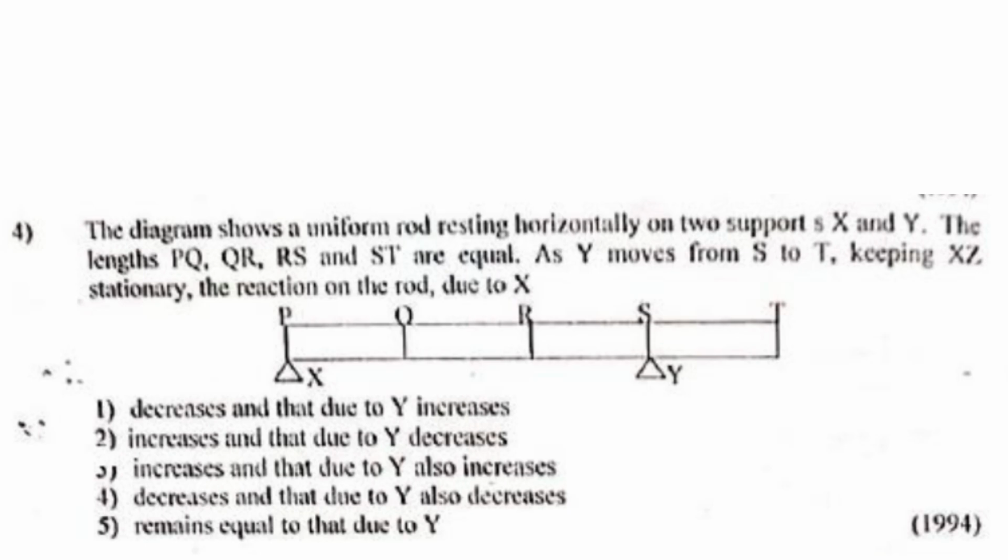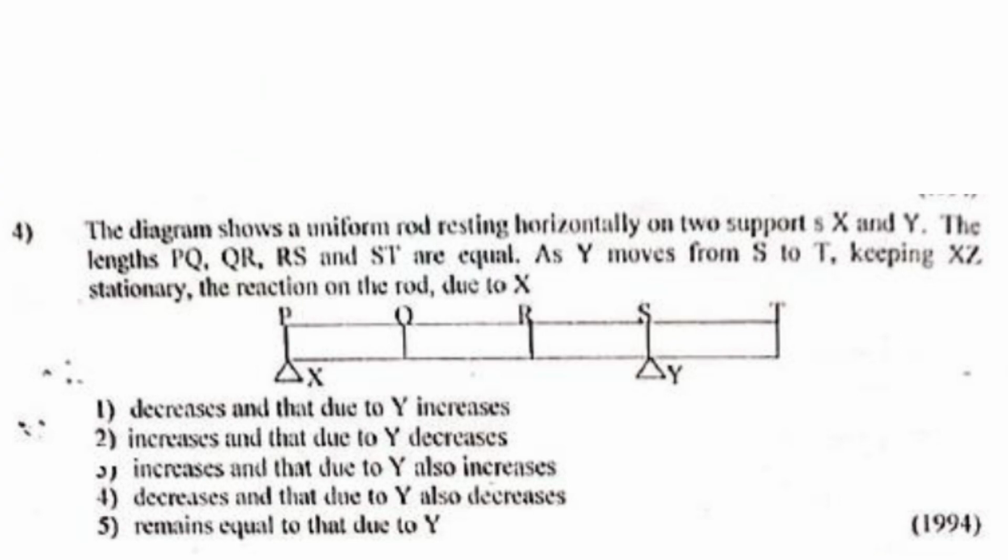Then question number 4. The diagram shows a uniform rod resting horizontally on two supports X and Y. The lengths PQ, QR, RS and ST are equal.